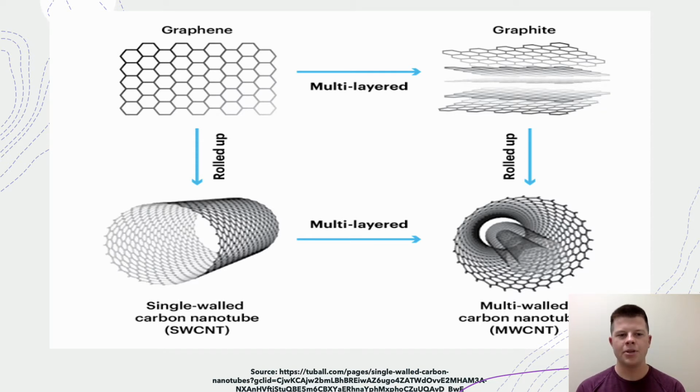But if you were to roll up single-walled nanotubes within one another, then you would get the multi-walled carbon nanotubes, which is on the bottom right side, which is essentially just a bunch of single-walled carbon nanotubes. Or you could take multiple layers of graphite and just roll them up to also get the multi-walled carbon nanotubes.